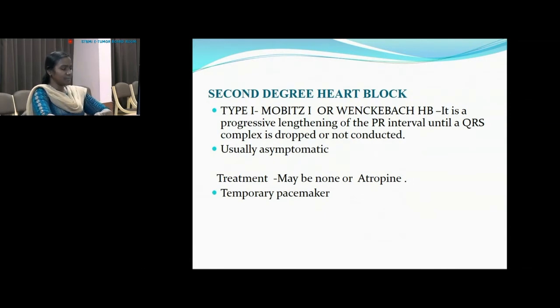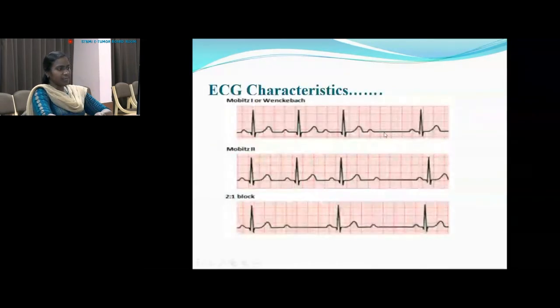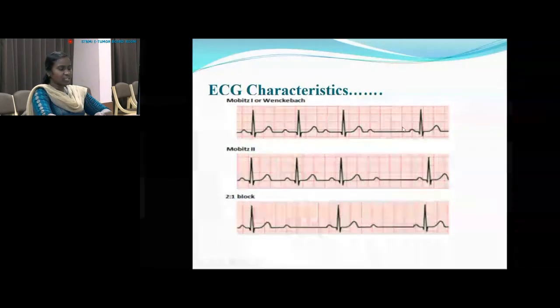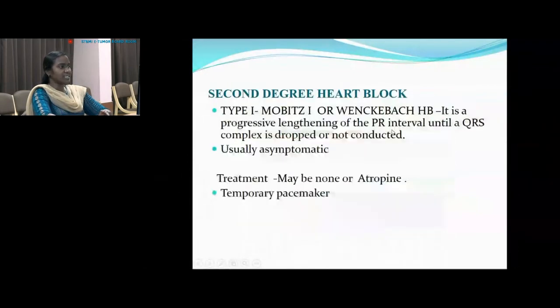See here, the PR interval will get delayed, and until one QRS complex is dropped or missed, the PR interval will be prolonged. That is the first type, Mobitz 1: a progressive lengthening of the PR interval until a QRS complex is dropped or not conducted.